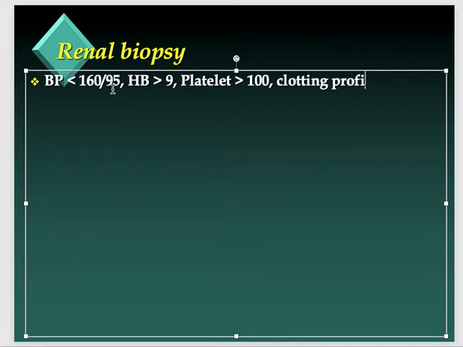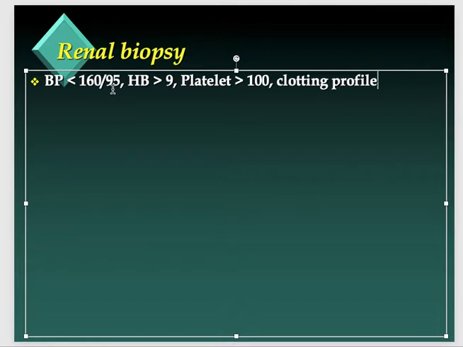Because of course, after renal biopsy, if any of these things are abnormal, maybe the patient will start bleeding, and that can prove fatal for the patient. And of course, we explain the procedure to the patient, and we get a consent before doing any examination. We always tell the complications to the patients: we tell them what we are going to do, why we are going to do it, what the alternatives are, and what can happen if we do not do this, and what can happen if we do this.